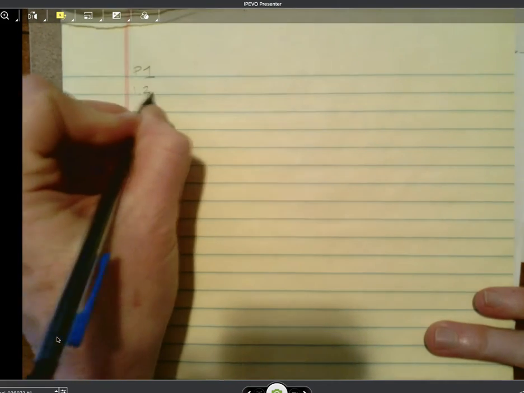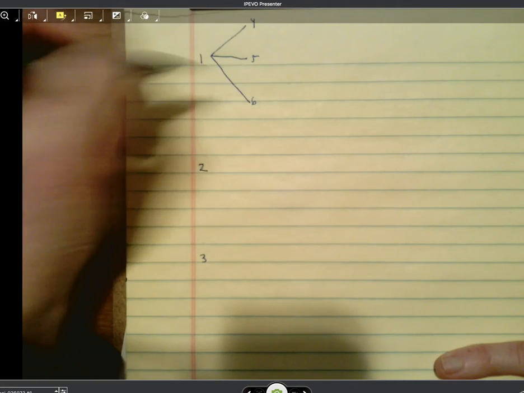All right, so we're going to need a big piece of paper here to draw a tree diagram. So in pile 1, we could pick a 1, a 2, or a 3. In pile 2, we can pick a 4, 5, or 6.